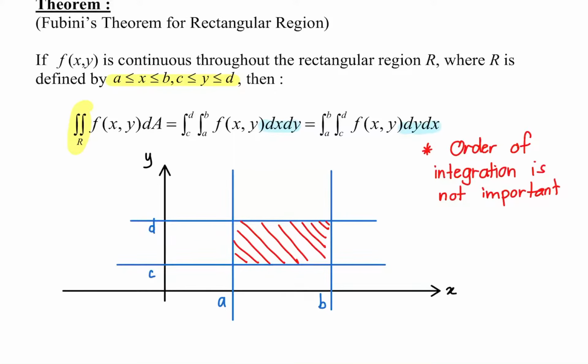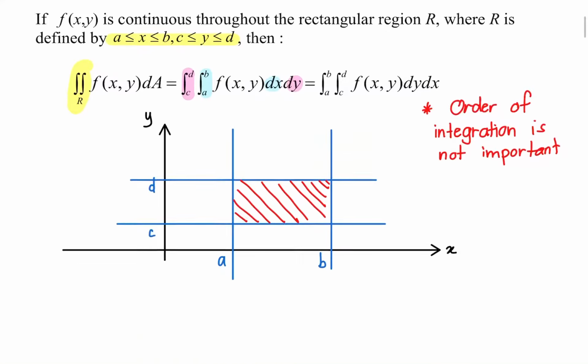We can solve it both ways. But please note, if I am integrating with respect to x, the inner limit must be for x, which is a and b. The outer limit is for y, so the limit for y is c and d. The same goes with the other part. However, you have to solve starting with the innermost integral.